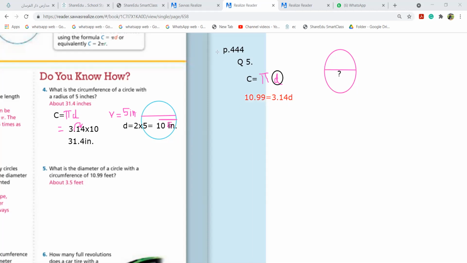If I want to make d alone, where will this 3.14 go? It's multiplication. It will come to the other side and become division. So 10.99 over 3.14, that is nothing but equals d.